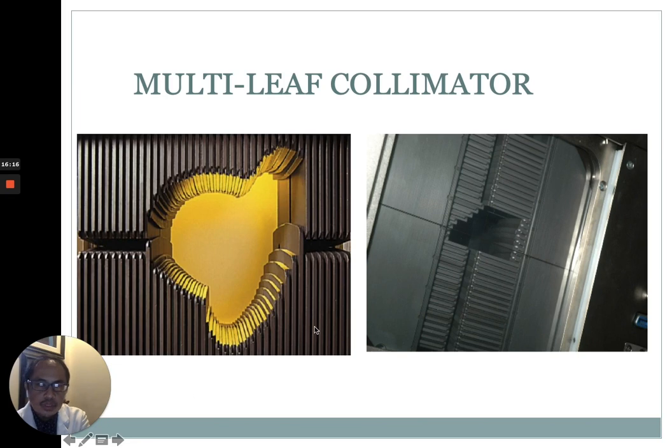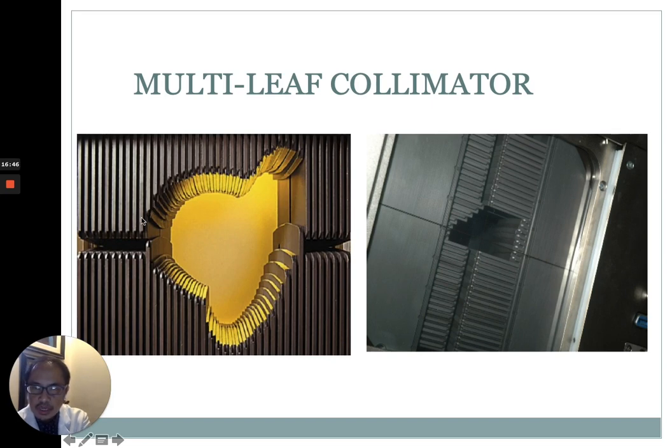So the present machines, the linear accelerators and tomotherapy machines, have a multi-leaf collimator such as this, wherein it already conforms to the shape of the target. Whereas before, this is just a square or rectangular collimator, and we have to use lead blocks to protect the organs. But with the newer machines, these are actually the leaves of the multi-leaf collimator.